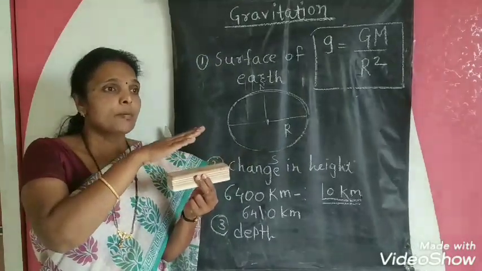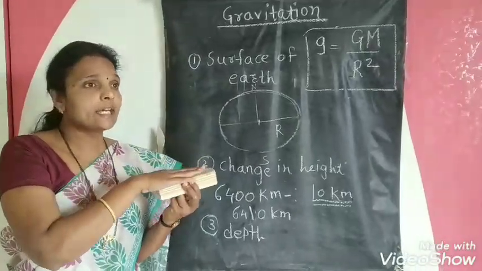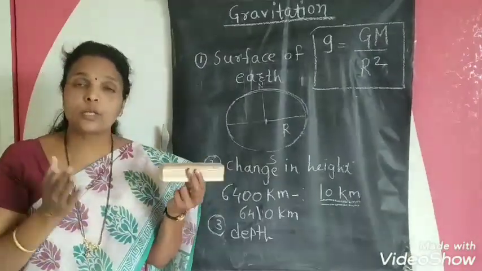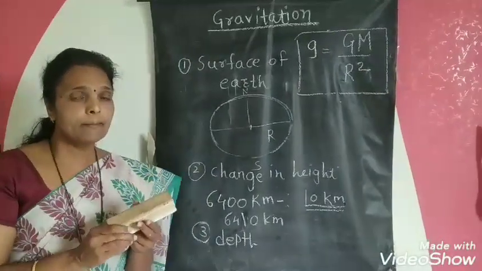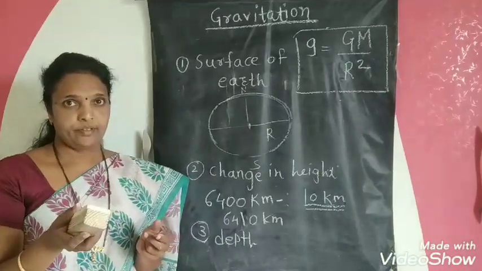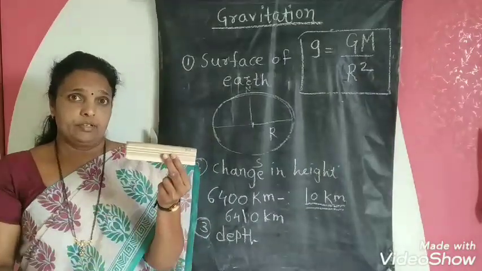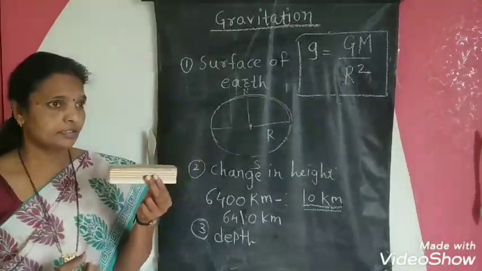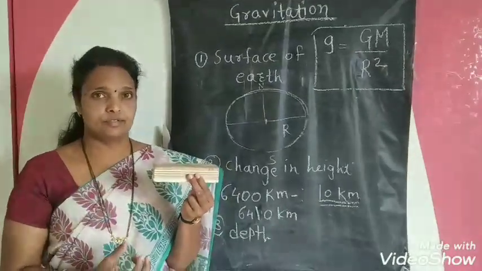Mass is a scalar quantity. The SI unit of mass is kilogram. These are the major points of mass. Now what is meant by weight of this duster? Suppose the earth is creating one force, gravitational force.